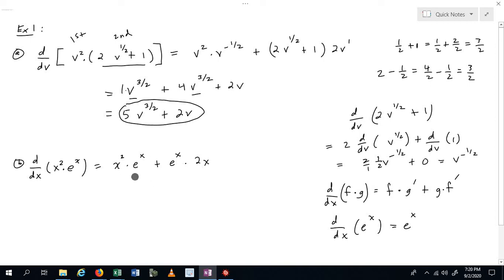future, oftentimes what we're going to do is, right now this is not equal to anything, but in the future, we're going to set the derivative equal to 0 quite a bit. And so just imagine if this was equal to 0, what you would do in this case is probably factor this in order to solve this equation.